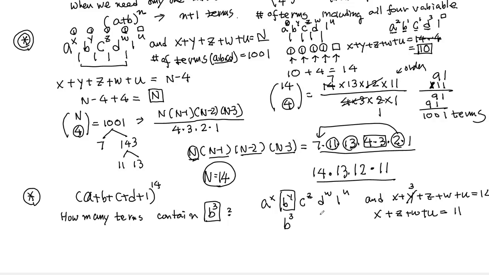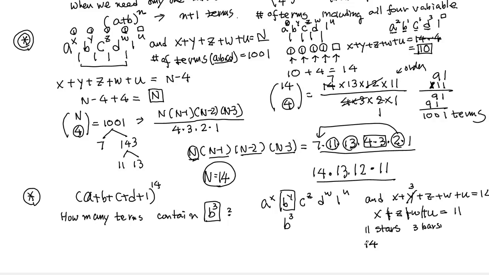Yeah. So now let's find. We have 11 stars. How many bars? We have only 4 variables, right? You can divide this with 1, 2, 3 bars between the variables, right? We need 3 bars. So the total number of stars, with these 3 bars included, is 14.